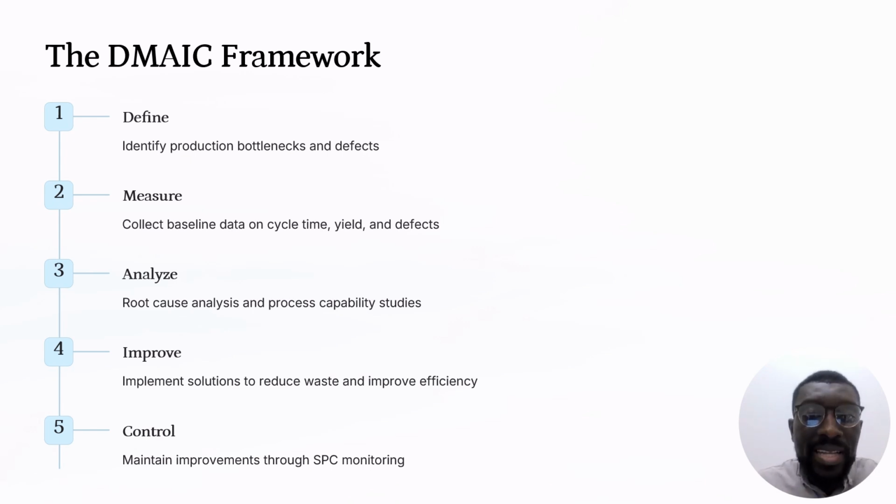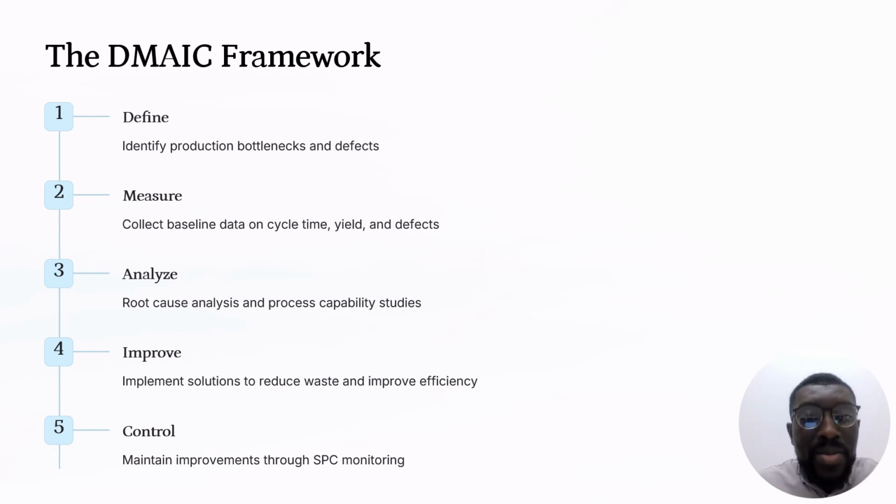And then the measure phase, basically we collect the baseline data on the cycle time, the yield, as well as the defects. So we define and measure those elements, because if we don't define it, we won't really know our limits.